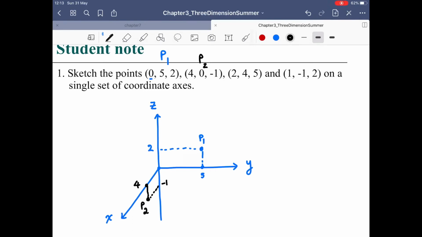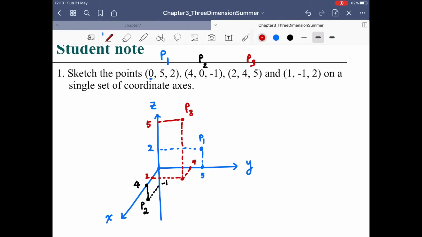Okay, how about what if you need to go like 2 on the X, so it's half of this, 4 on the Y. So you got this projection on the floor first. Here's a 2, there's a 4, and then you elevate it up, parallel to the Z-axis by 5 units. So you got your P3 at 2, 4, 5. Okay, at 2, 4, 5.